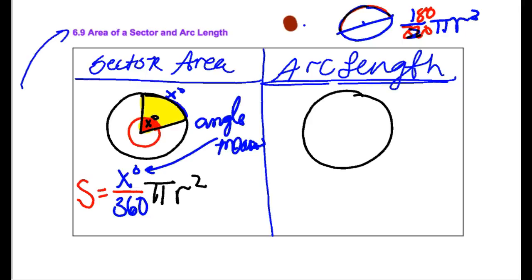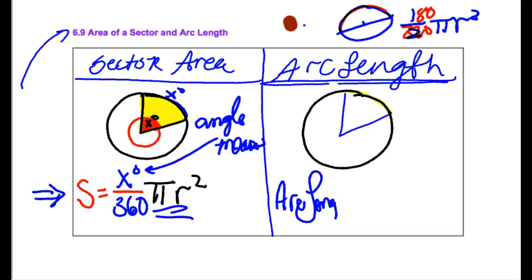All right, so arc length is a little different. For arc length, we're still going to take out a wedge of pizza, but the arc length is just the crust right here. When I talk about arc length, I just want to know how long this is, and it's a length. So just like over here, the sector was a piece of the area, the arc length is a piece of the circumference.